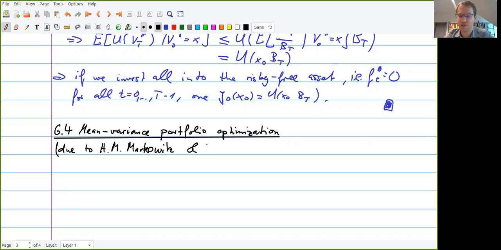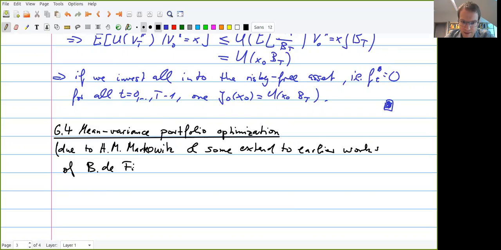And since we are mathematicians here, there are some earlier works in this direction by the mathematician Bruno de Finetti.